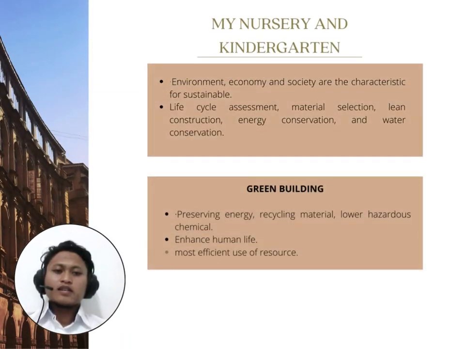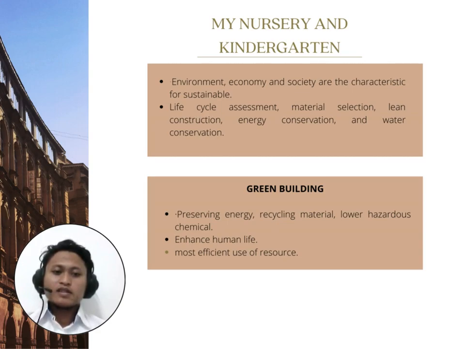Our nursery and kindergarten was selected as a green building. The environment, the economy and society are the three characteristics of sustainable development. There are a few ways that have been proposed to fulfill the requirements of a green building, such as life cycle assessment, material selection, lean construction, energy conservation, and water conservation.